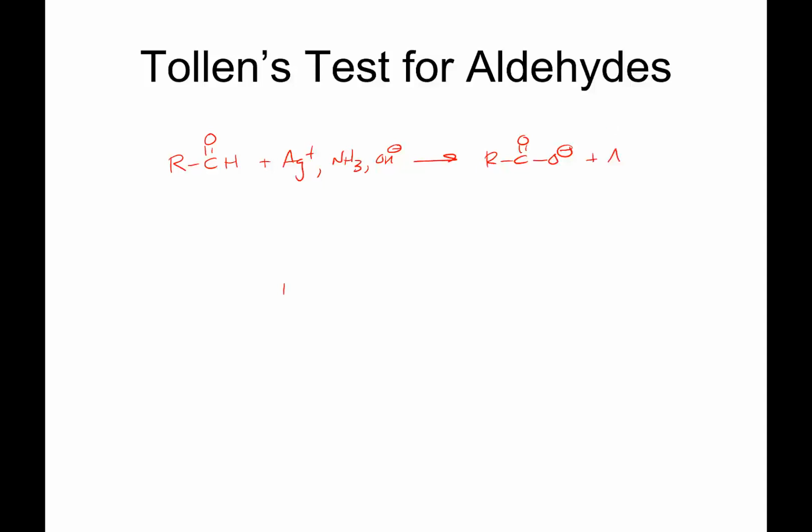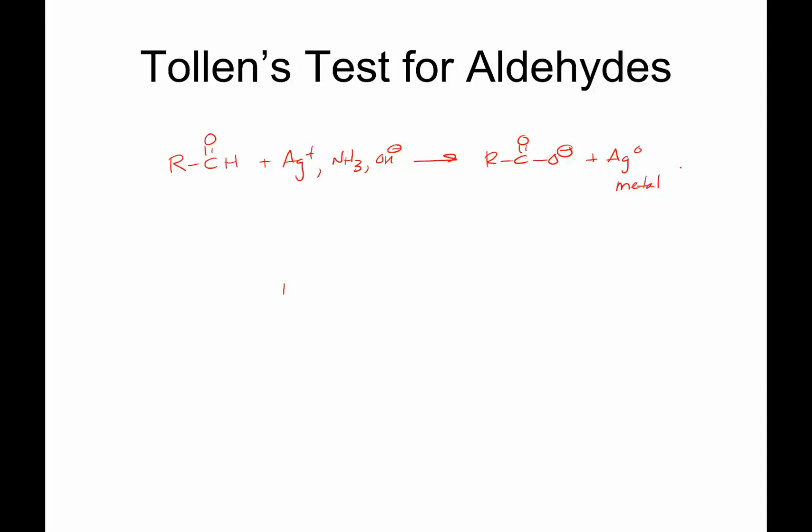The key part is what happens to the silver, because the silver gets reduced from silver 1 to silver metal. And so if you do this reaction in a round bottom flask, if you keep swirling the solution around, eventually the inside of the round bottom flask gets coated in silver.